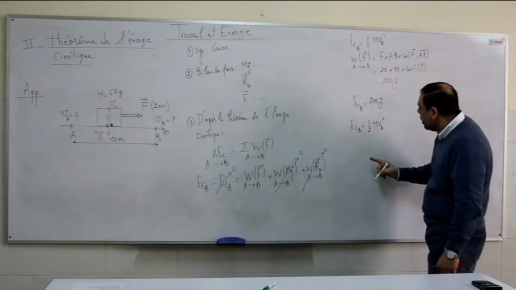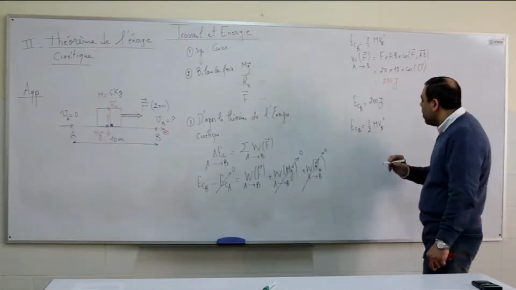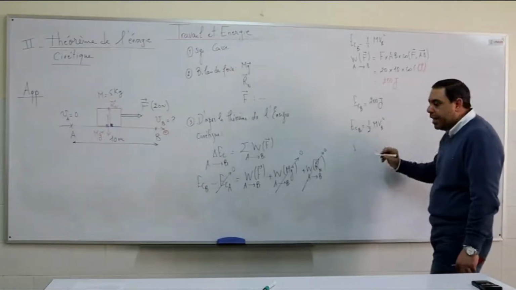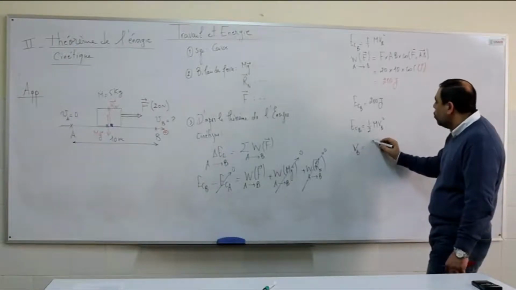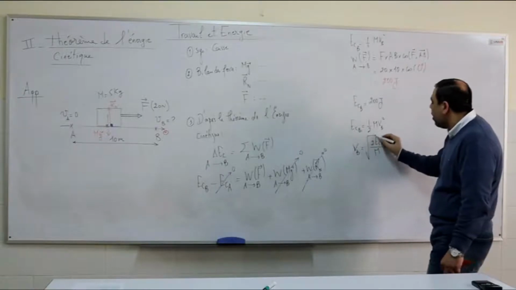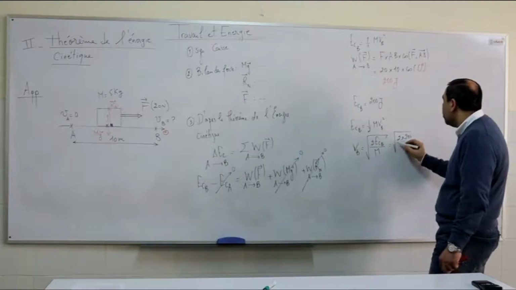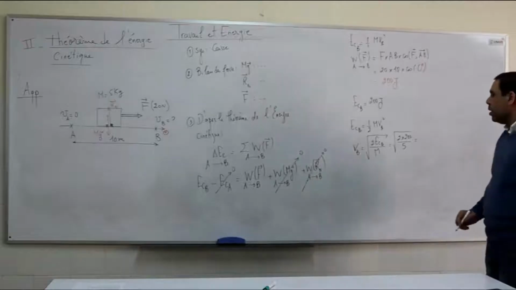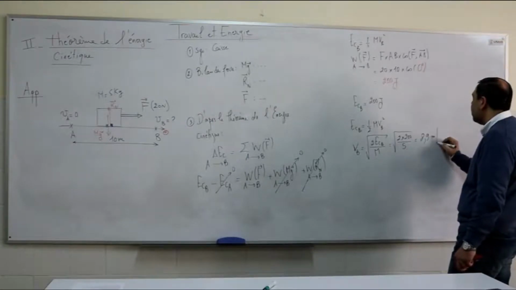This is the kinetic energy, and this is the speed VB to be determined. Then VB is equal to the square root of 2 KE over m. This is equal to the square root of 2 times 200 over 5, and the answer is approximately 8.9 meters per second.